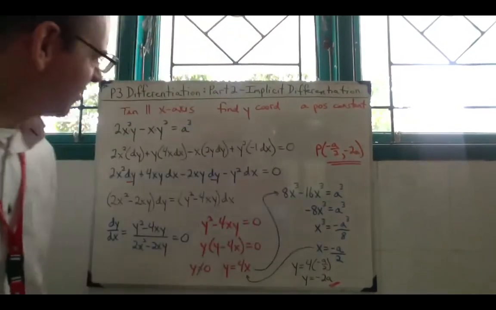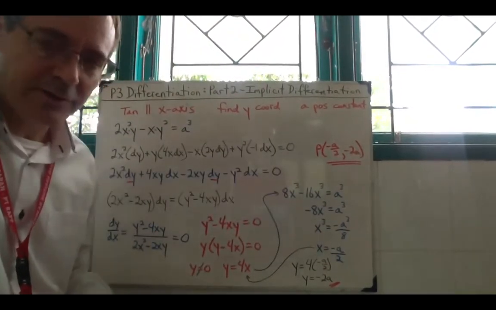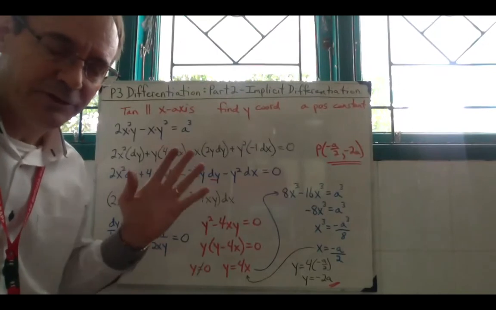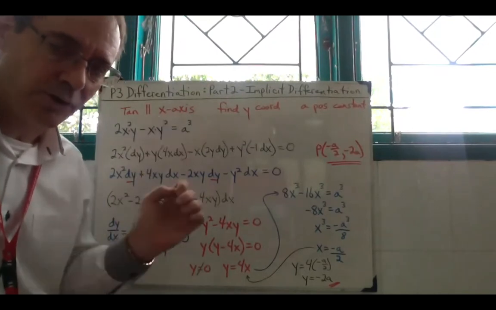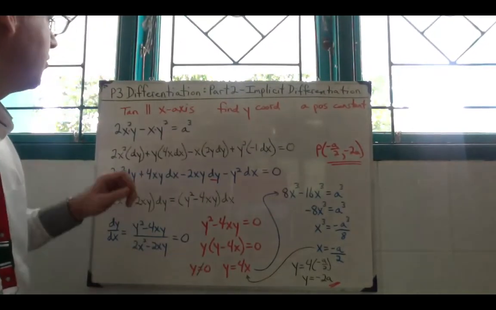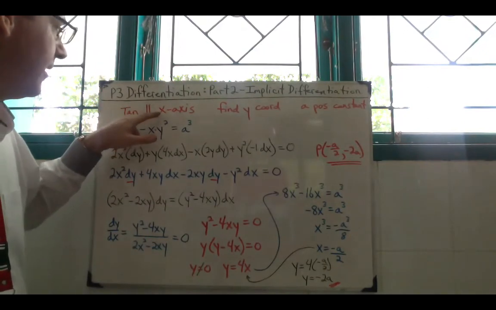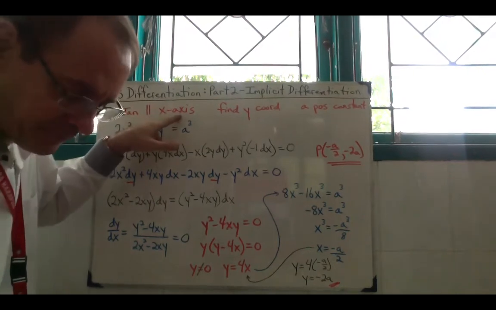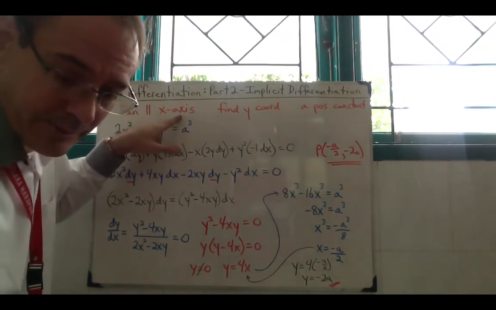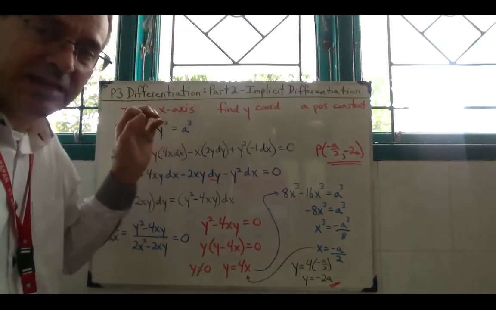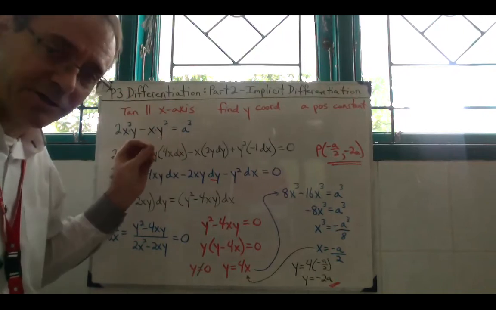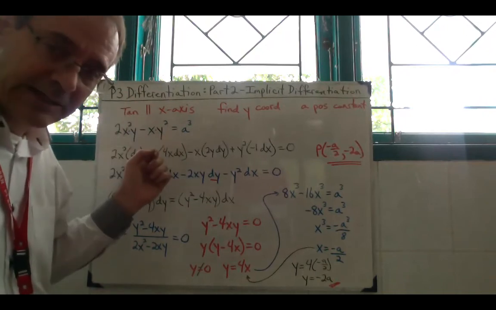So just slowly work your way through it. Let's go back to the board here. Actually, it's not as difficult as what it looks. You do have to make a few connections though, correlate a few things. So notice it says that the tangent is parallel to the x-axis. The tangent, remember, has the same slope as our curve at the point that we're looking at.